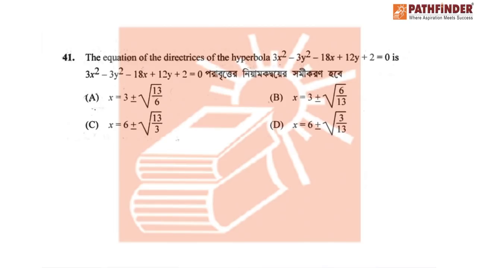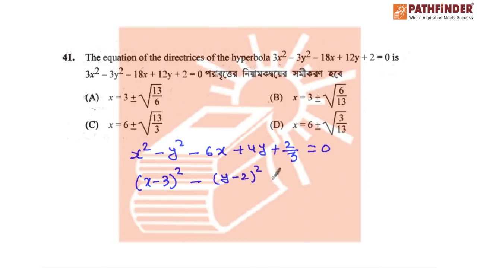Next is question number 41. The equation of directrices of hyperbola 3x square minus 3y square minus 18x plus 12y plus 2 equal to 0 is. So the given equation we can write as x square minus y square minus 6x plus 4y plus 2 by 3 is equal to 0, or further we can simplify it as x minus 3 whole square minus y minus 2 whole square is equal to 13 by 3.